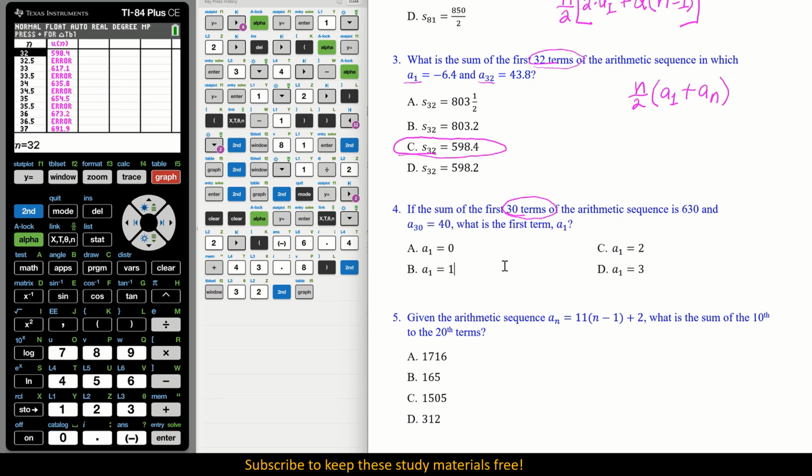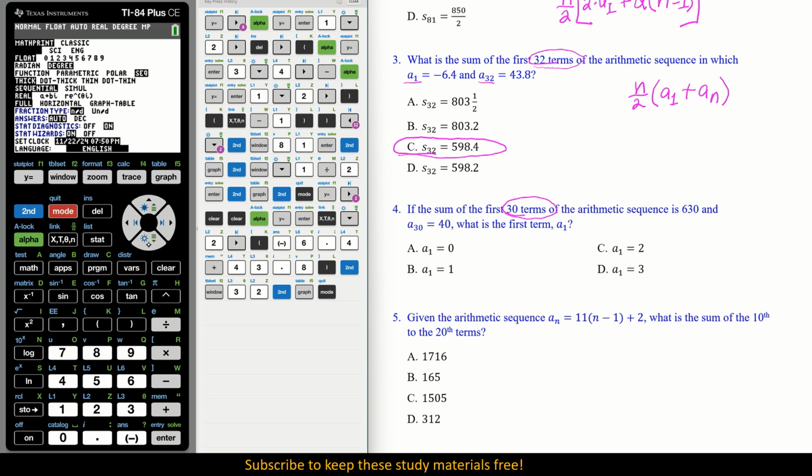Now, we will not be able to use our sequence mode and all these little bells and whistles we have. But we do have something that is very handy. Not just this. Not particularly this. We can use our solver. The only glitch is when we use our numeric solver, we can't be in sequence mode. We must be in function mode.